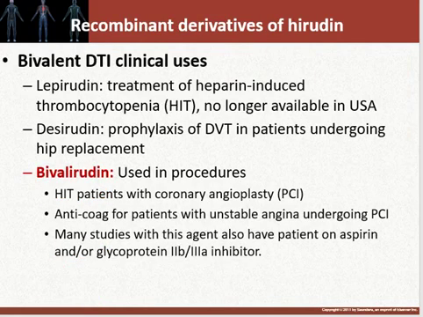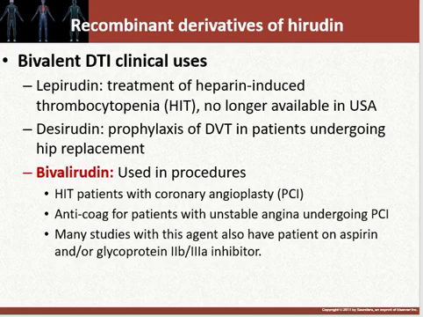So let's look a little bit more in detail. Lepirudin has been used historically for the treatment of heparin-induced thrombocytopenia, but it's no longer available in the U.S., so that one's out. Really, the two that you should be familiar with are desirudin and bivalirudin.